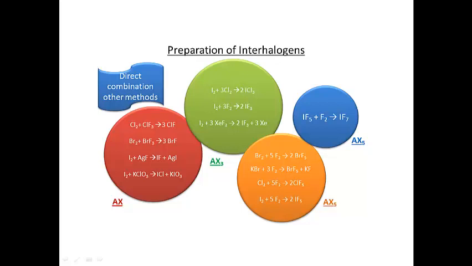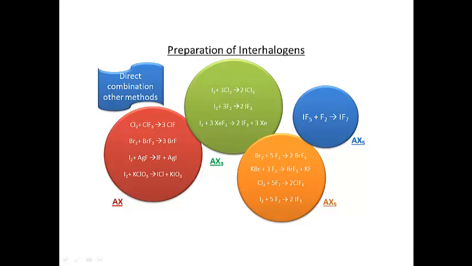There are other direct combination methods where a halogen can be reacted with another interhalogen to form a new interhalogen. So Cl2 plus ClF3 gives 3ClF, that is chlorine fluoride, and Br2 plus BrF3 gives 3BrF, that is bromine fluoride.